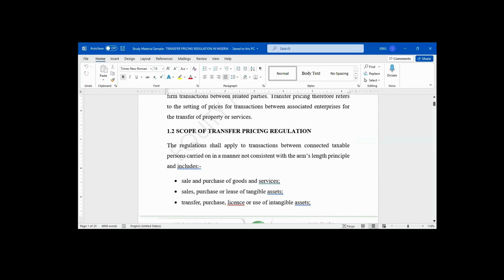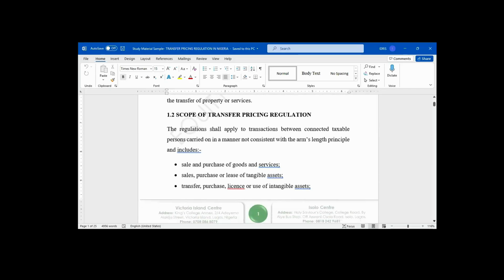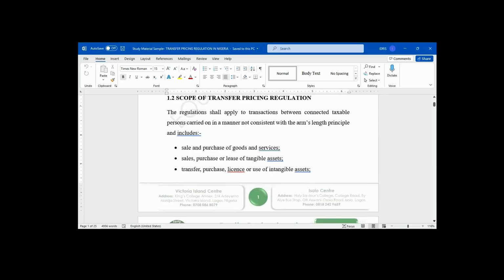One of the transactions is sales or purchase of goods and services, when there is sales or purchase of goods and services between two interrelated parties, between husband and wife, or between parent and subsidiary, between employee and employer. In that case, there will be a transfer pricing.